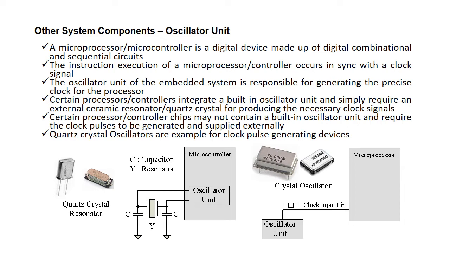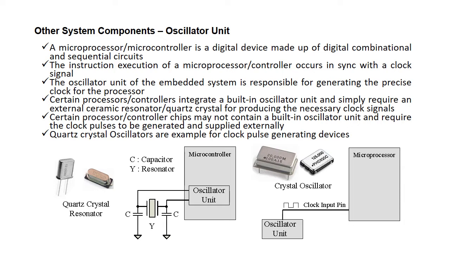So we define the time of execution of an instruction, right? The time taken by the processor to execute something. Everything is defined with respect to the clock signal, which is generated by the oscillator circuit. The oscillator unit of the embedded system is responsible for generating the precise clock for the processor.